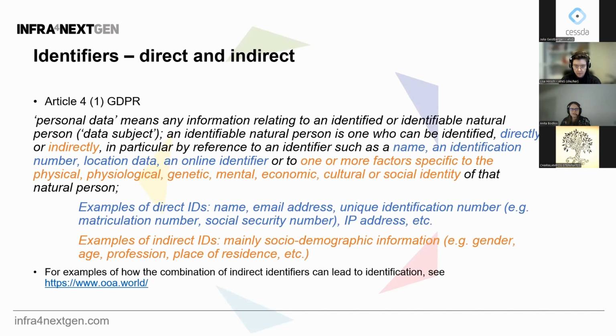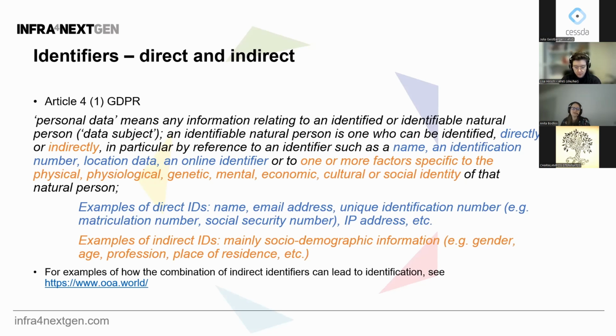On the other hand, there is indirect information, which may not lead to your identification at once. Such information could be one or more factors specific to the physical, physiological, genetic, mental, economic, cultural, or social identity of a natural person.